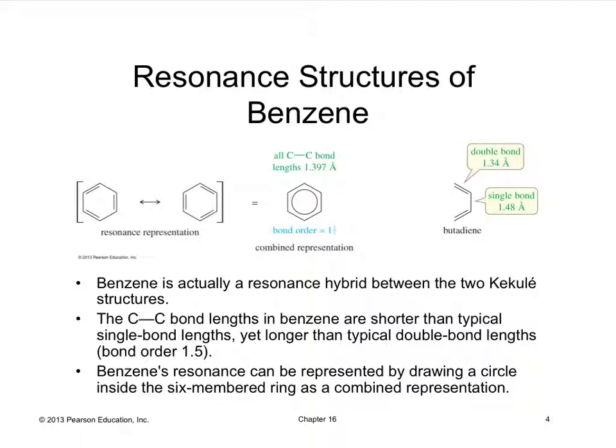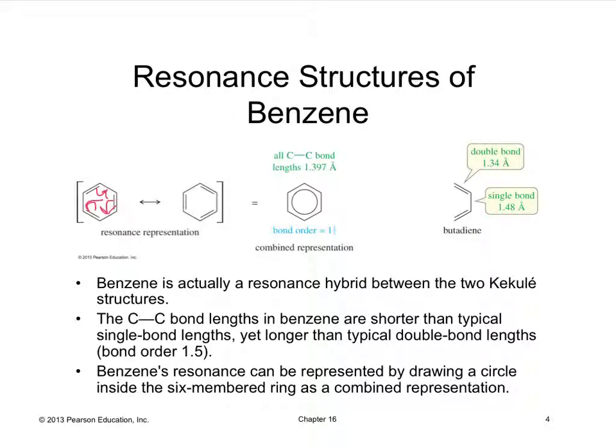Benzene exhibits resonance, so if we look at the resonance forms in brackets with the double-headed arrow, electrons from the double bond can move to the new position in the ring, leading to this resonance form. As a result, instead of distinct double and single bonds with distinct lengths, all CC bonds in benzene have a length of 1.397 Å, which is in between the double bond and single bond.